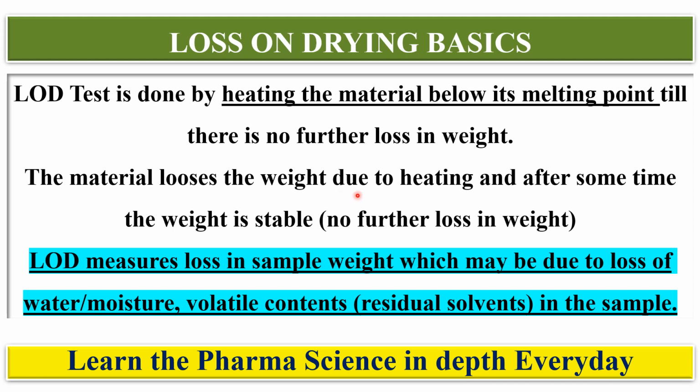The material loses weight due to heating, and after some time the weight is stable. That means there is no further loss in weight, and this loss in weight is considered as loss on drying. Whatever weight is reduced due to heating is referred to as loss on drying.